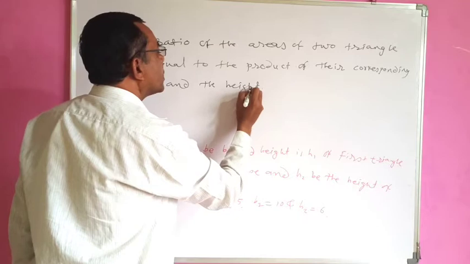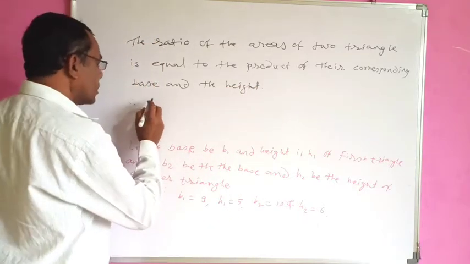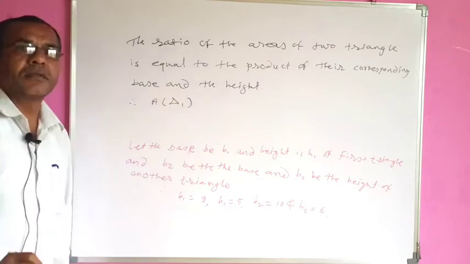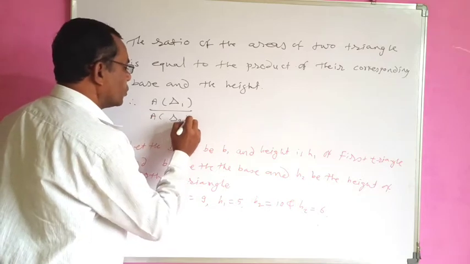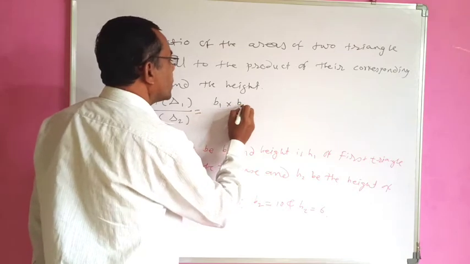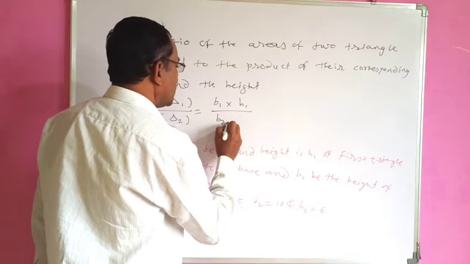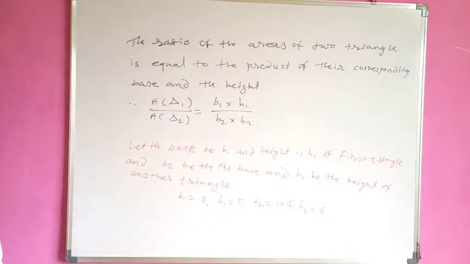We have to write this property, and we will write here area of triangle 1 by area of triangle 2 is equal to b1 into h1 by b2 into h2. Okay, this is the given part.